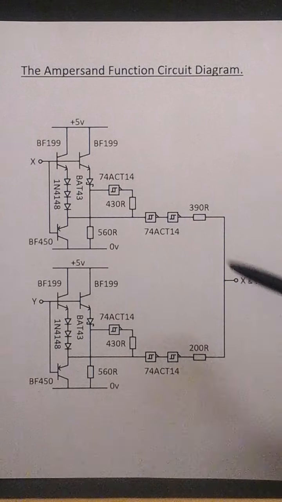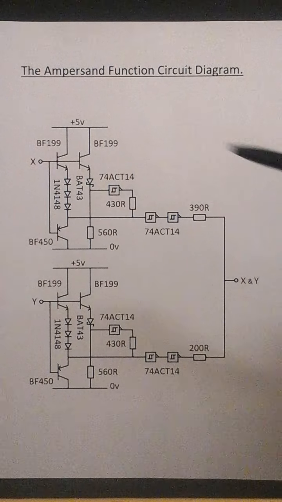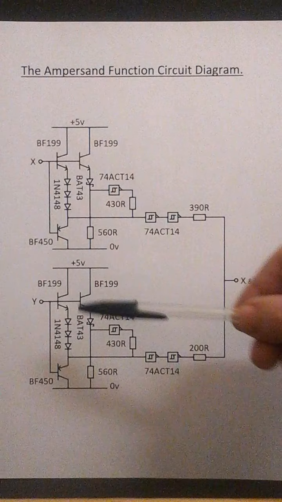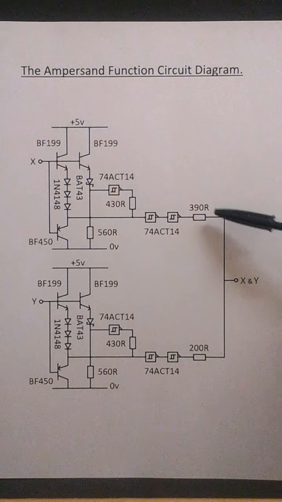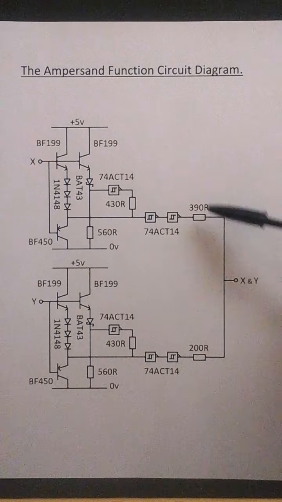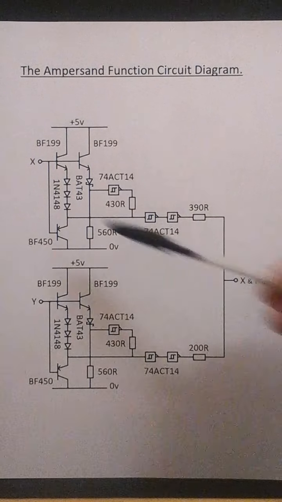This is the output X ampersand Y. This is the input X and input Y. It matters which one is input X and which input is Y because of the fact that it's non-commutative. So X has to have the 390 ohm resistor there and Y has to have the 200 ohm resistor there for this circuit and that circuit.